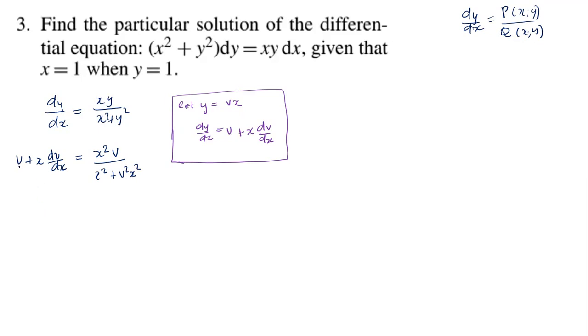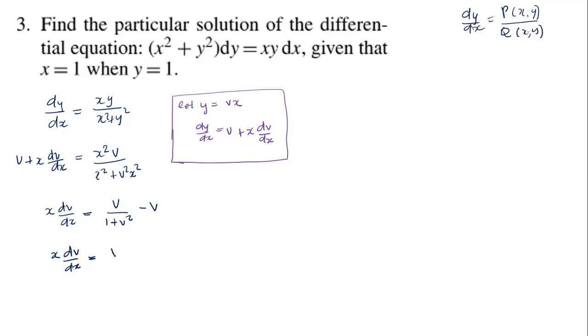Now, I'm going to transpose v to the other side of the equation. I have x dv divided by dx equal to, I can see that when I factorize x squared outside of the bracket, it will cancel with that x squared over there, and then I'm going to have v divided by 1 plus v squared, subtract v on this side of the equation. Therefore, x dv divided by dx will be equal to, let's add these two together.